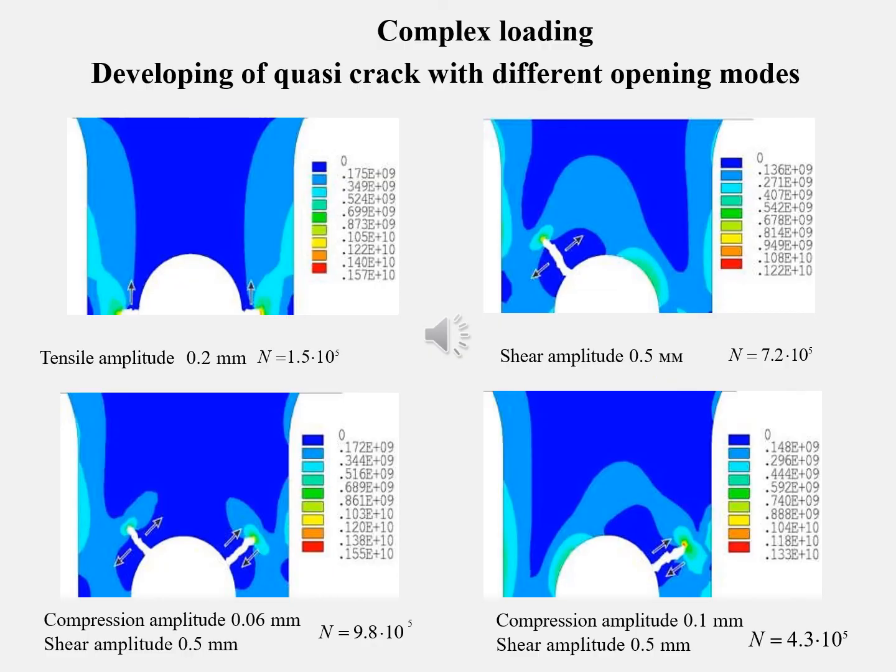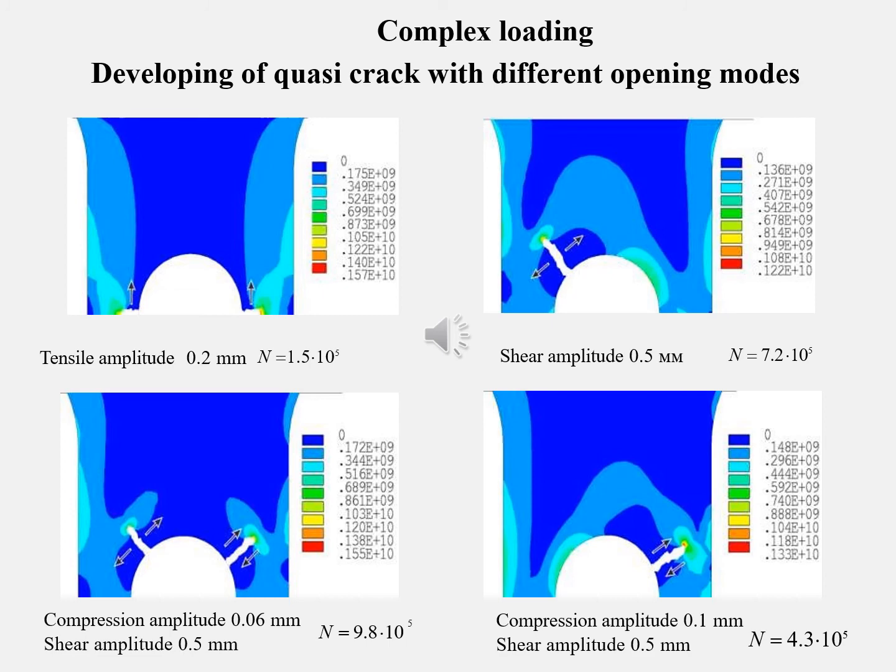On this slide, we introduce some basic examples for this model. First is just a simple tensile test with crack initiation in normal opening mode. After that we have the results for shear loading.